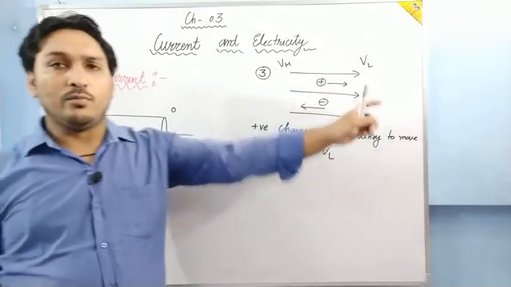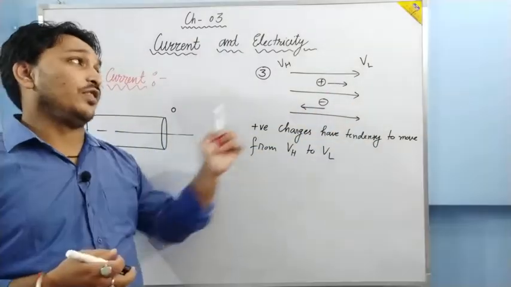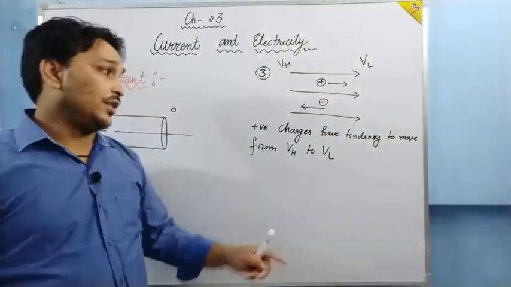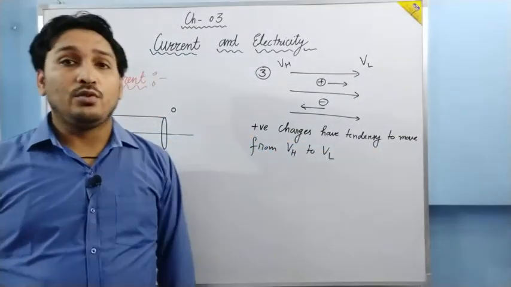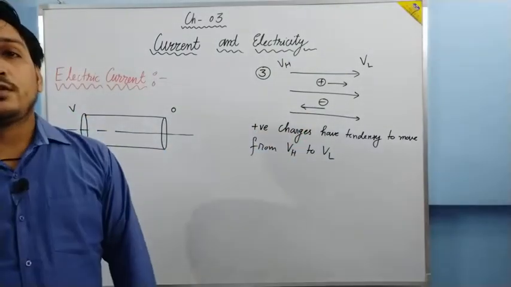They move in the direction of electric field, and in the direction of field potential decreases. It simply means that positive charges have a tendency to move from higher potential to lower potential. But what about negative charges?